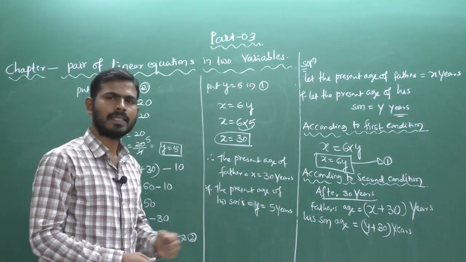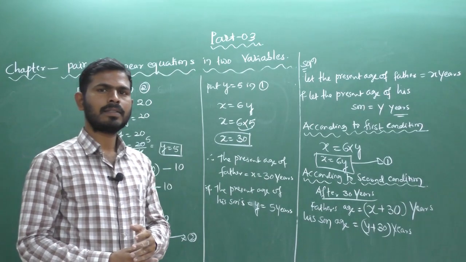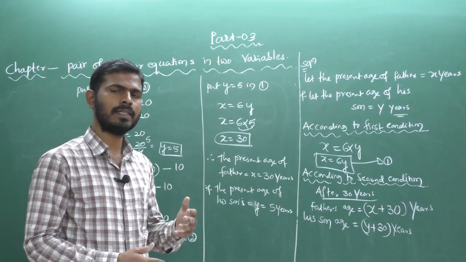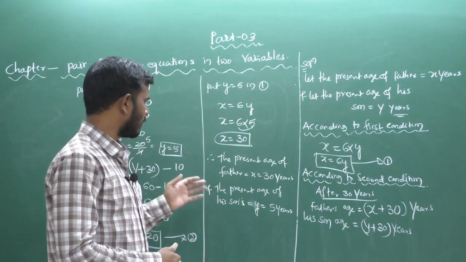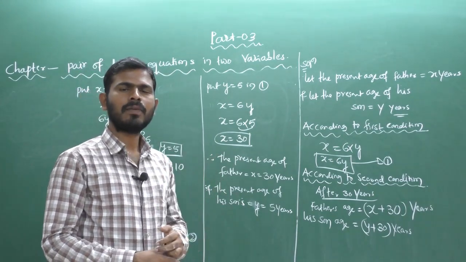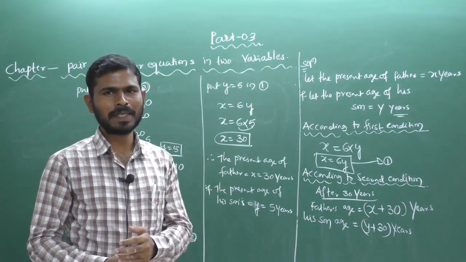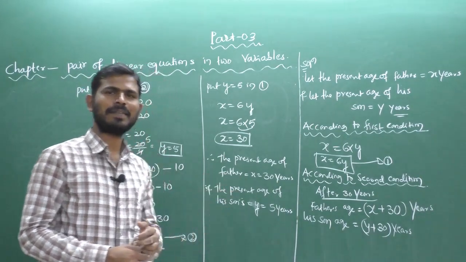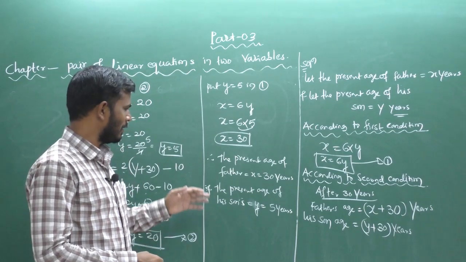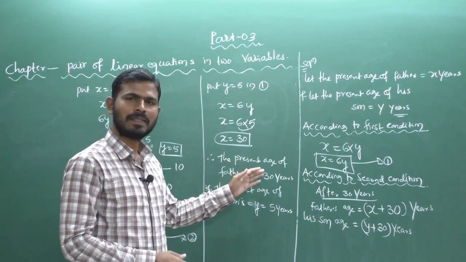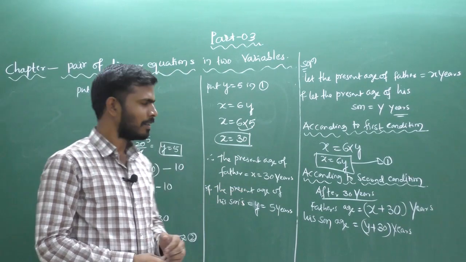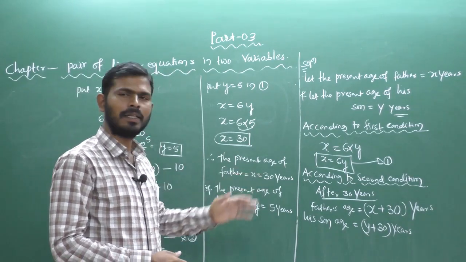So here they ask what is the son's age, or what is the half of the age, given after how many years the son's age becomes half of the father's present age. So this question is given. Sorry, I forgot that. Here the present age of father is 30 years and the present age of son is 5 years. Comparing these two, after how many years does the son's age become half of this 30? Now the present age of son is 5 years. So half of the father's age, that is half of 30, becomes 15.